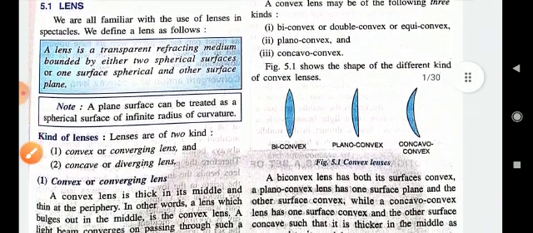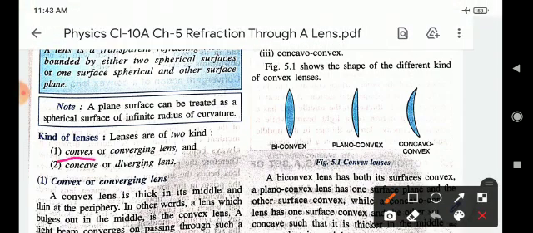How many types of lens? There are two types of lens: convex or converging lens and concave or diverging lens. Important point: convex or converging lens and concave or diverging lens. Children, what is the meaning of convex?